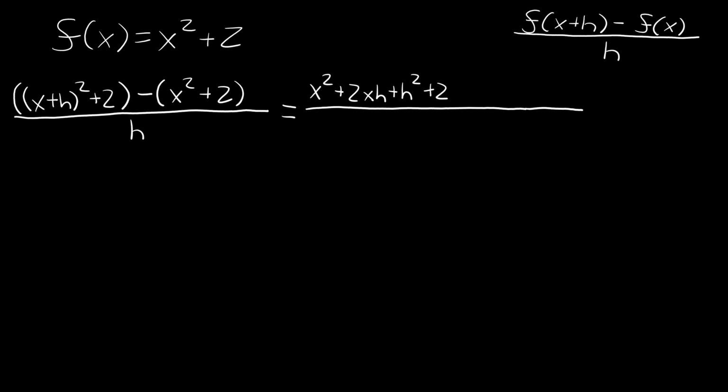Then distributing the negative sign, we'll have negative x squared minus 2 all over h. Now we can cancel like terms. So we have a negative x squared and a positive x squared, a negative 2 and a positive 2. And so we're left with 2xh plus h squared, which these terms both have h in them.